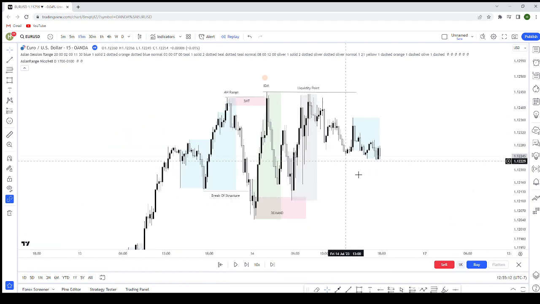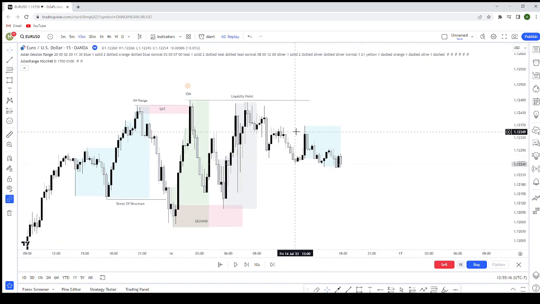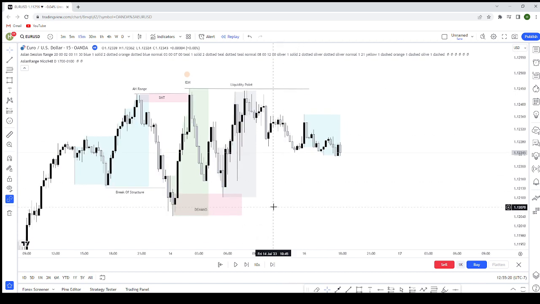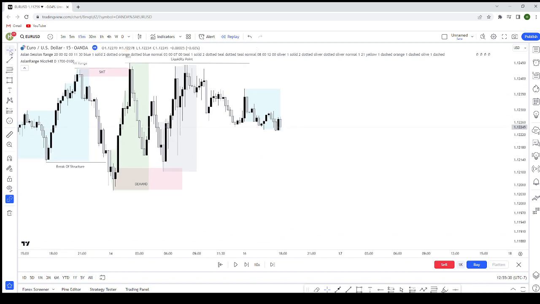So now we kind of have our range and what's happening in the market. What I'm going to look for is to see what Asian session does and then see if it takes one of these relative liquidity points. Because when we have all these highs being built here and we have these lows being respected, these are both considered liquidity points.